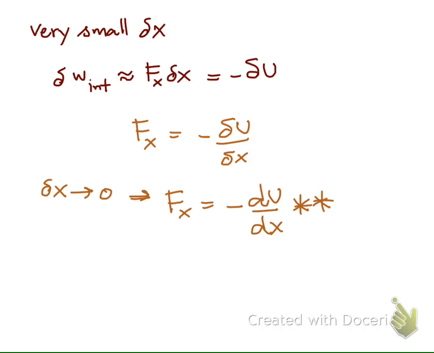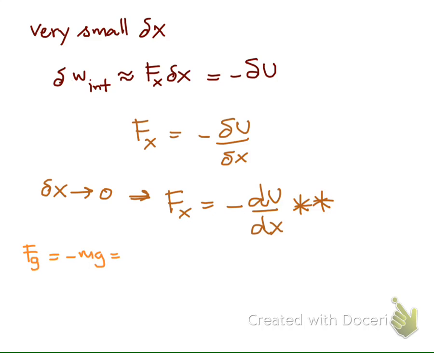And we can see this from the gravitational potential and the elastic potential. We have that Fg is equal to minus mg. Remember that we use the upward vertical as the positive direction, so we have the minus sign here.